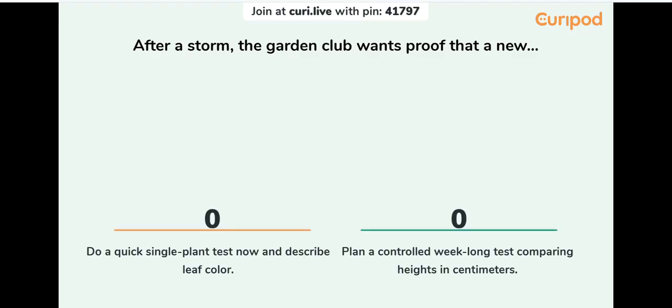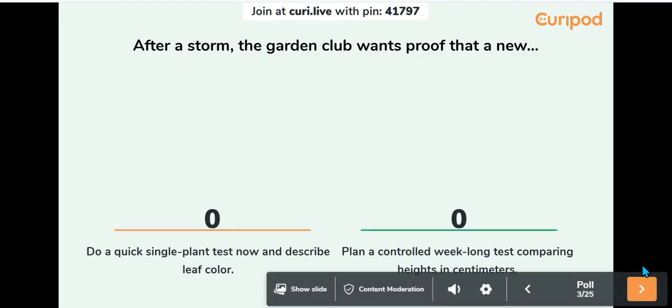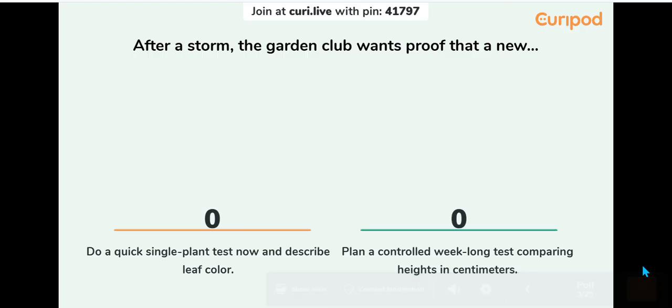Alright guys, time's up. Okay, so you could drop your answer down in the comments, and I'll also put some notes in the comments, and we'll go over them after we finish this lesson.